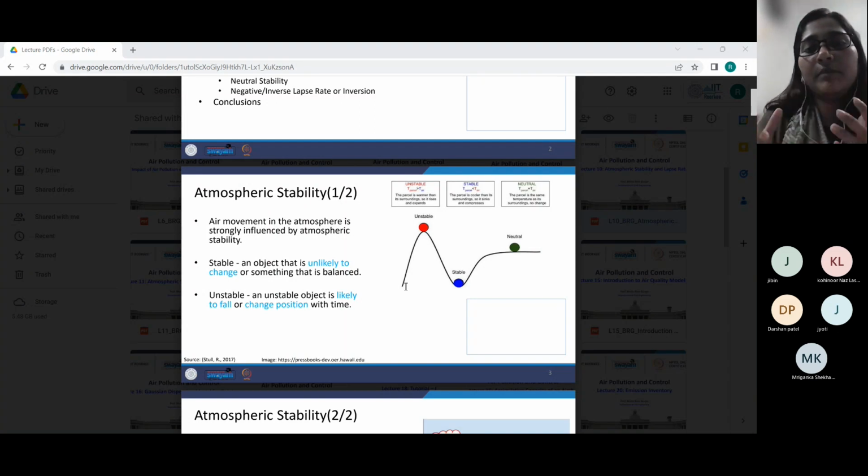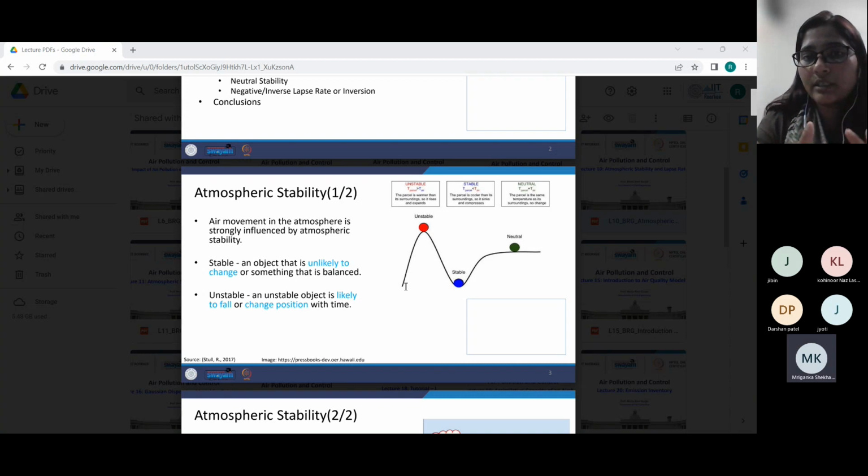So stable will be just the opposite of unstable. Here what will happen is the parcel is cooler than the surroundings. For example, if we are staying in some very cold regions, when the temperature of the ambient air is like minus 2 degrees, or for example 10 degrees, 15 degrees, and the air parcel that is being emitted from the stack will be warmer, correct?